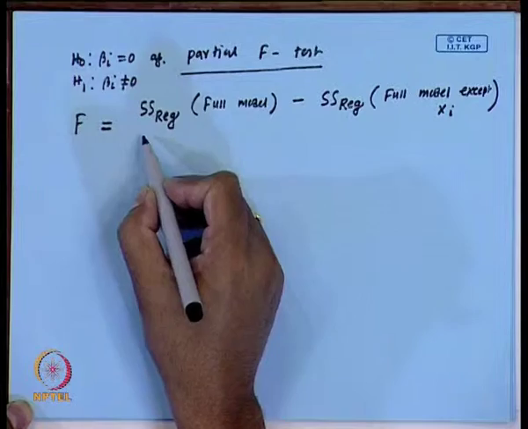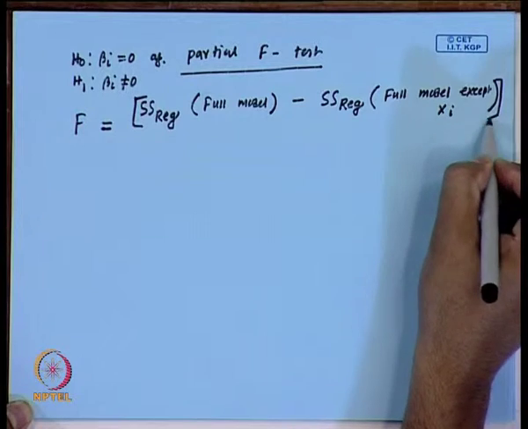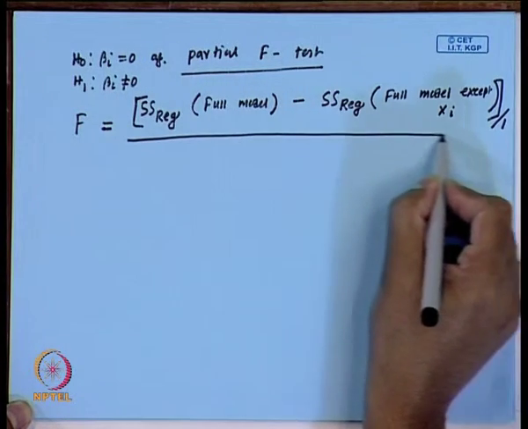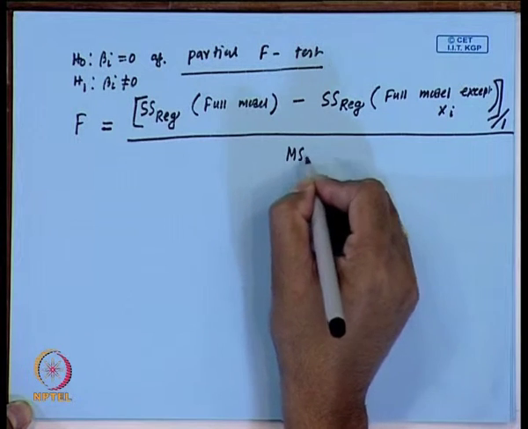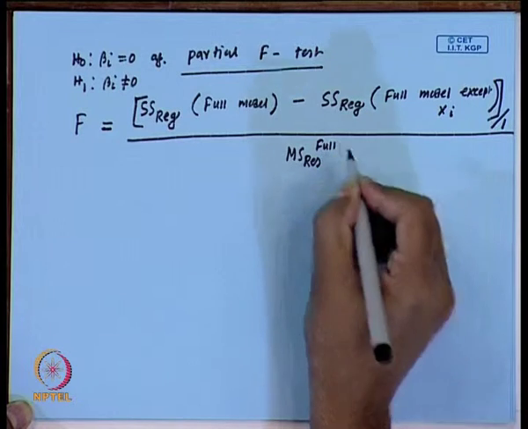It has degrees of freedom 1, so you divide it by 1 and by MS residual for the full model.